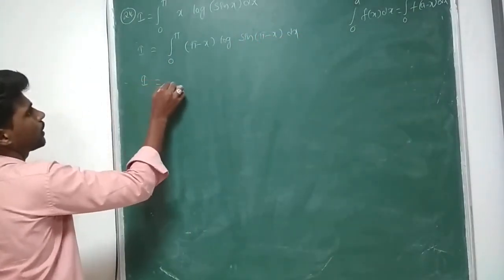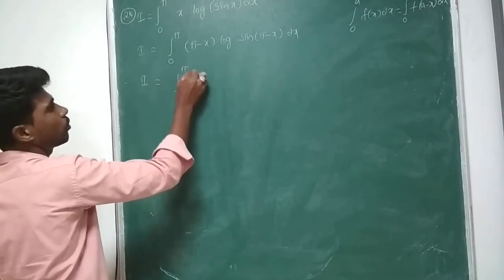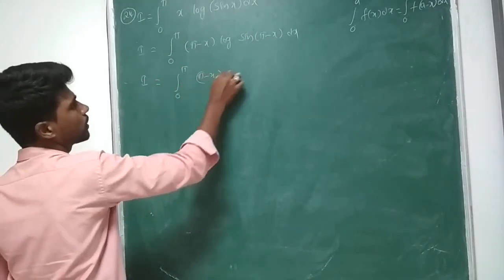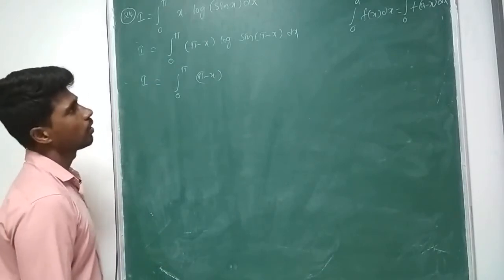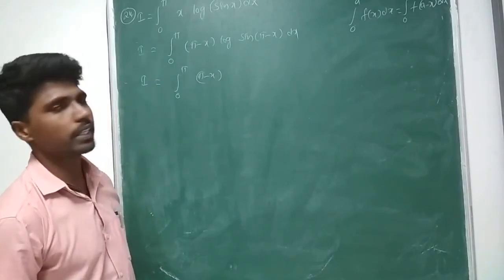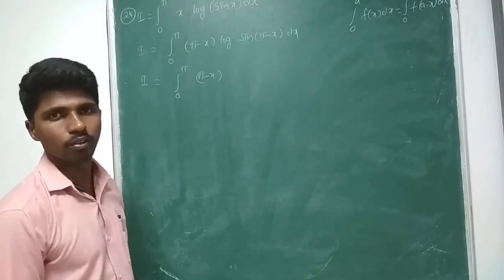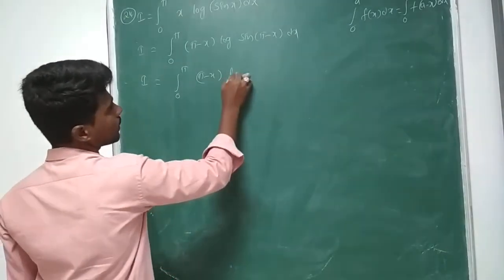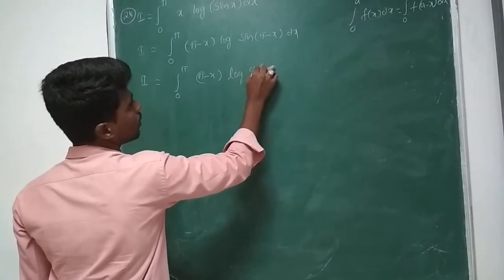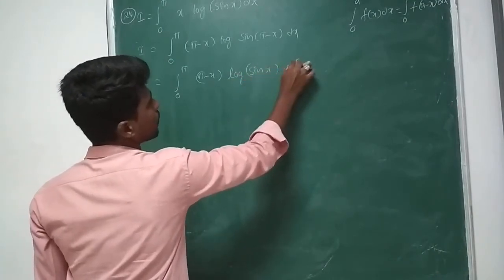Now I is equal to integral 0 to pi of pi minus x, log of sin of pi minus x. Sin of 180 minus theta is plus sin theta because it lies in the second quadrant. So I get pi minus x log sin x dx.